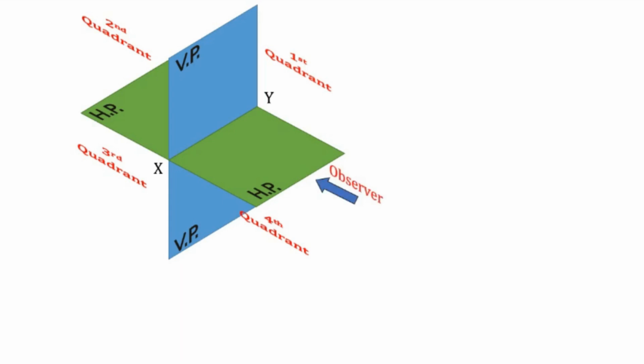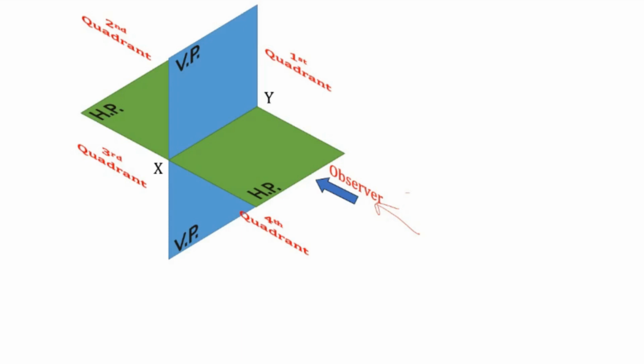And obviously there is a fourth quadrant. The observer always looks from this angle, through the first quadrant and the second quadrant.